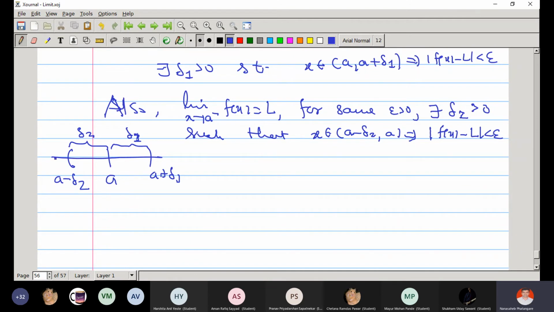Let me make the picture clearer. This is a plus delta 1, and this distance is delta 1. These two distances may not be the same, but in which neighborhood is |f(x) minus L| less than epsilon, either on the right side or the left side?